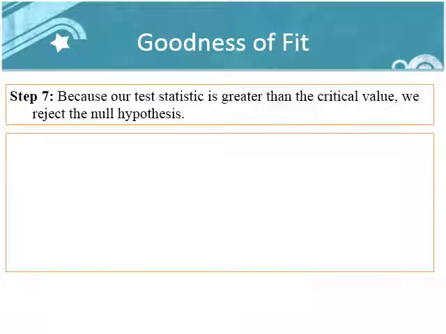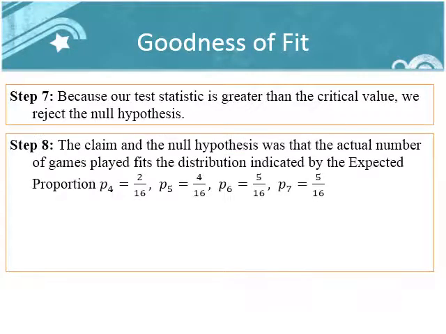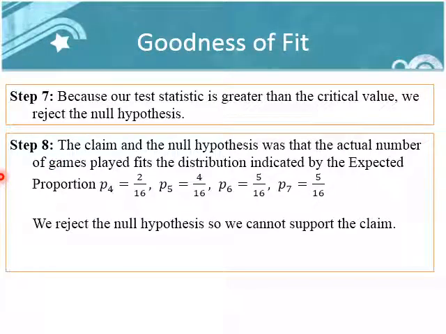Because our test statistic was greater than the critical value, we reject the null hypothesis. So we're rejecting the null hypothesis, which said the expected proportion of World Series that go to 4 games was 2/16, etc. We're rejecting that idea, which suggests that at least one of these proportions is not the same.